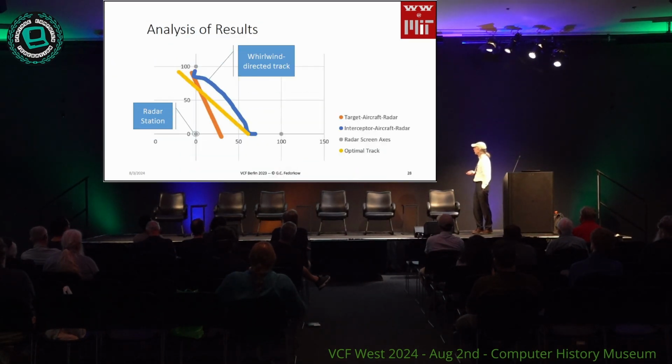Okay. Right, so it does work. This is a modern spreadsheet analysis, of course, of what happens. The dark red line is the track of the intruder.